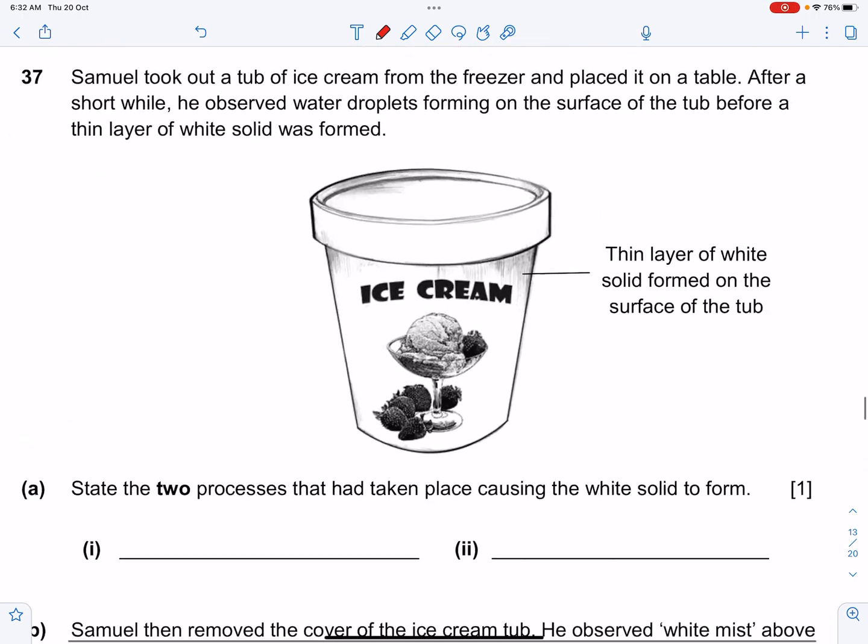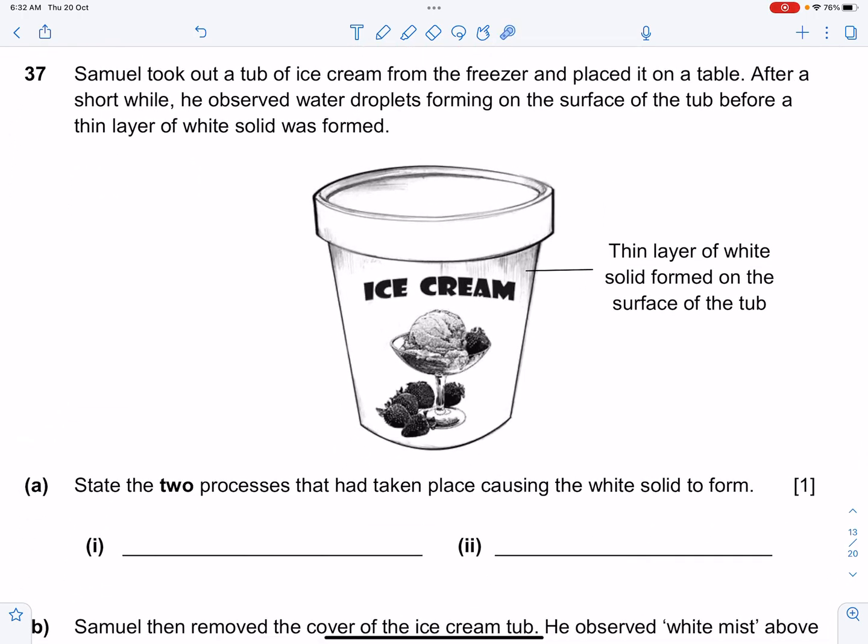Okay, moving on. 37. Sam took out a tub of ice cream from the freezer and placed it on the table. After a short while, he observed water droplets forming on the surface of the tub before a thin layer of solid was formed. I don't know if you have actually done this or seen this in real life.